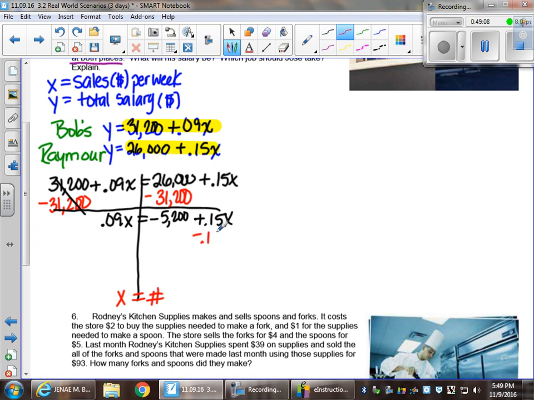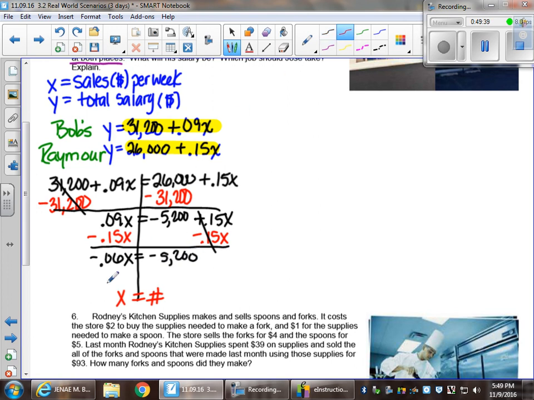I'm going to subtract that from both sides. 0.09x minus 0.15x is negative 0.06x. Go ahead and check that in your calculator, 0.09 minus 0.15. We should get negative 0.06x equals, that's gone. I bring down my negative 5,200.